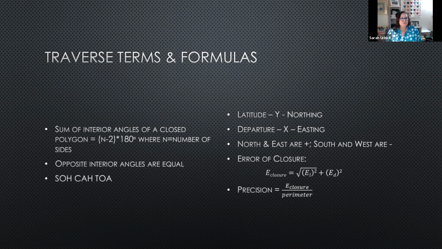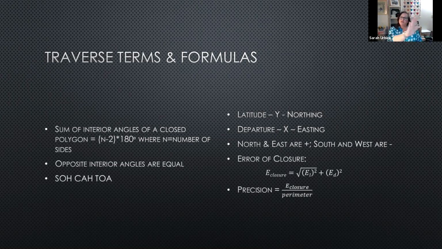Thing to remember here: if we're looking at our quadrant system with north, south, east, and west, north and east are both positives. South and west are both negatives. We're moving towards something or moving away from something; that's kind of the way to think about it.